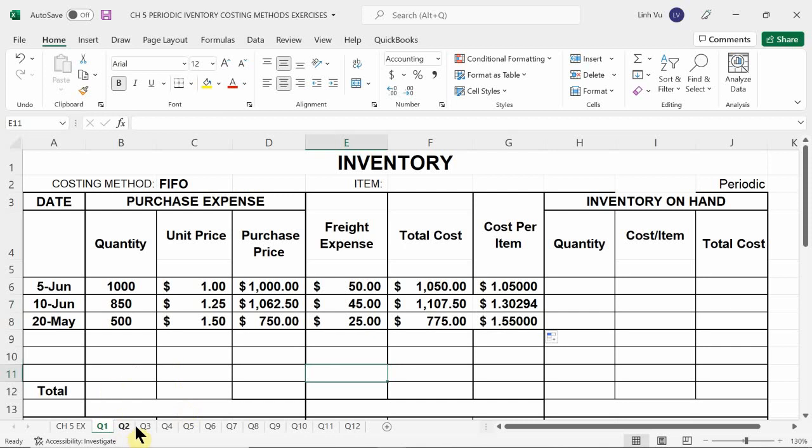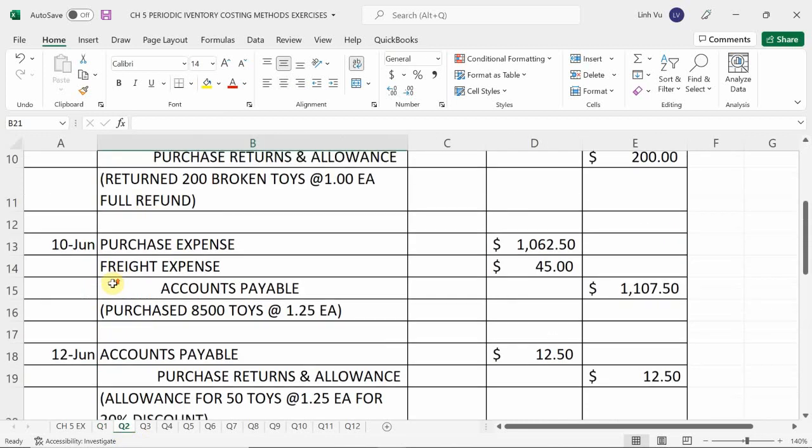So now I need to record that I made my purchases of inventory.